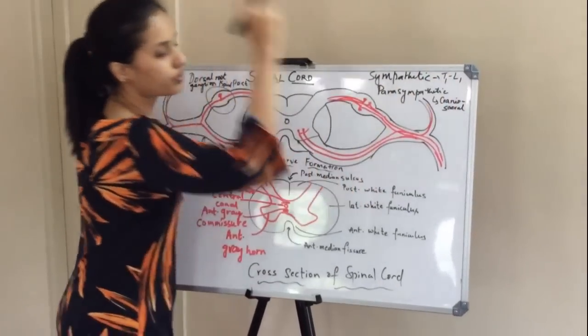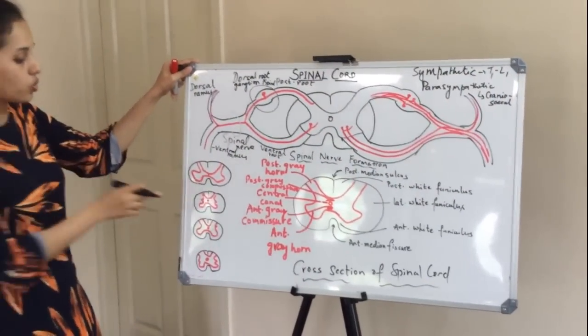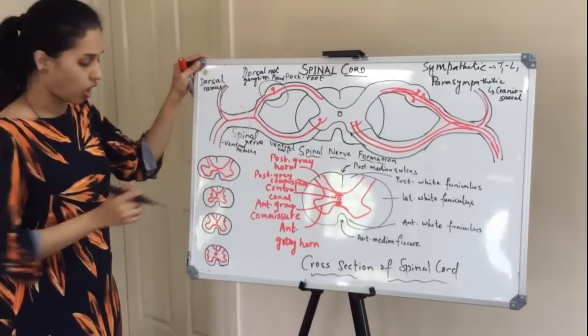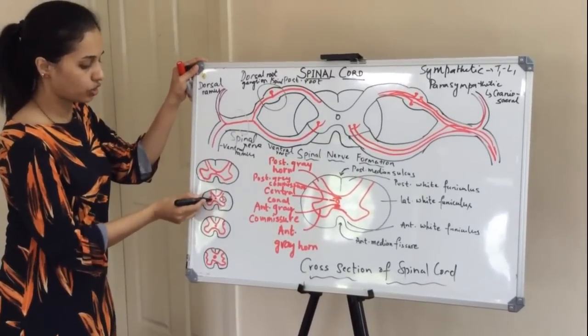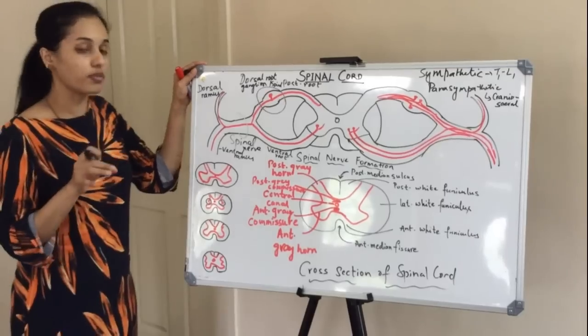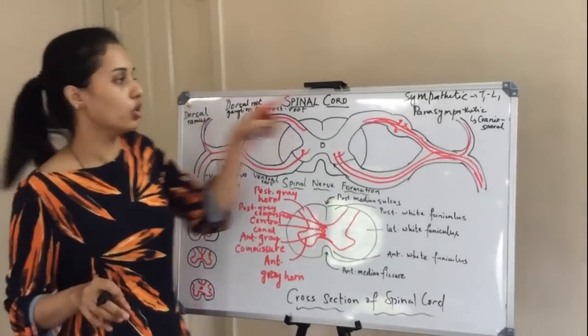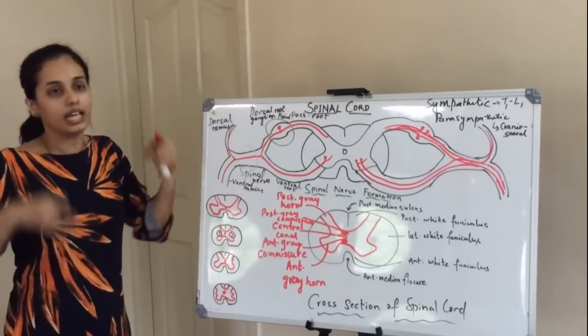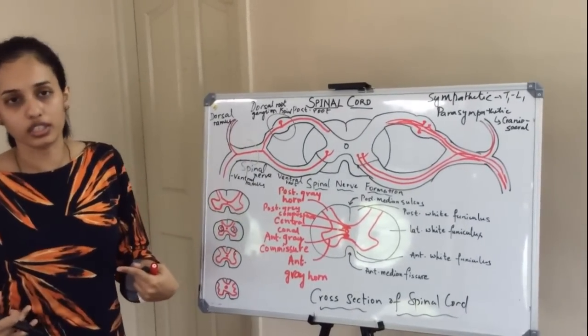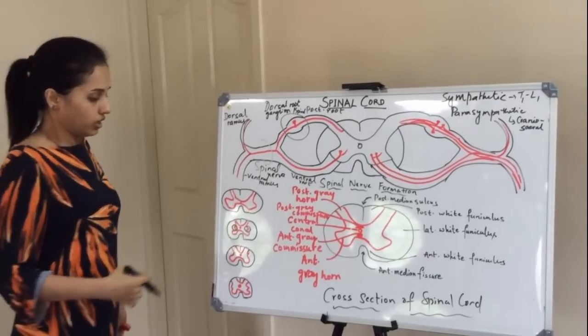If you take a section from T1 to L1, along with anterior and posterior horns, there is one extra horn which is called the lateral horn, where there is a group of cell bodies giving rise to sympathetic innervation. They travel through the ventral root and then supply the whole internal organs in our body.